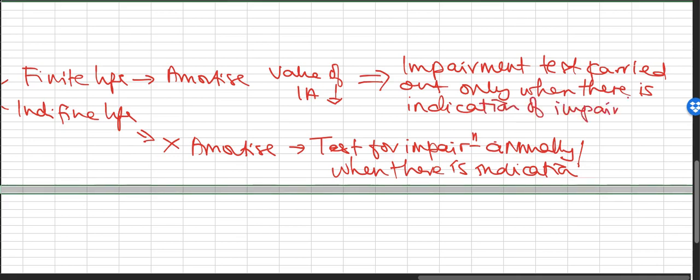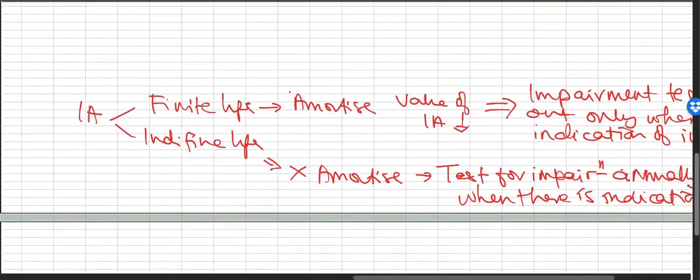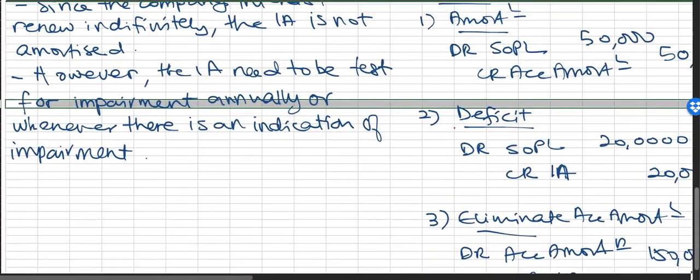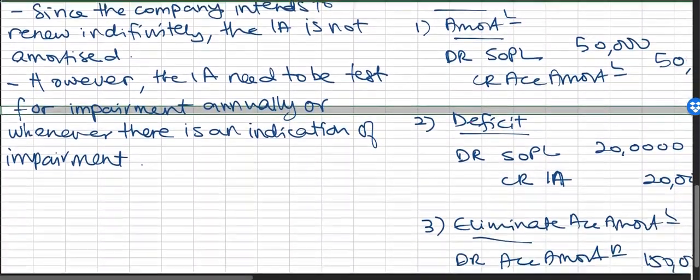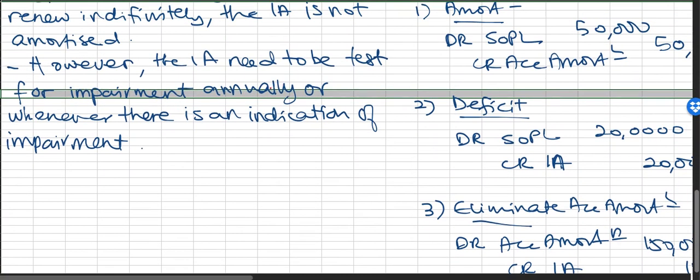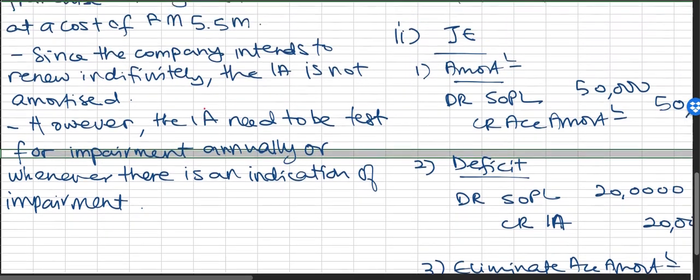So that's the difference. I hope you still remember the indications of impairment, where the internal and external information will provide that indication.